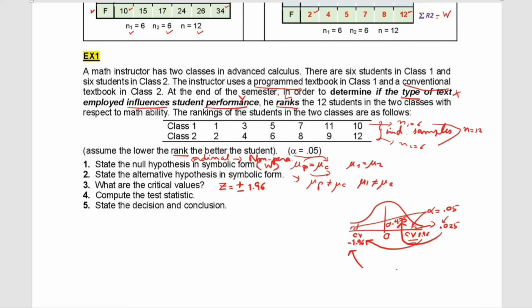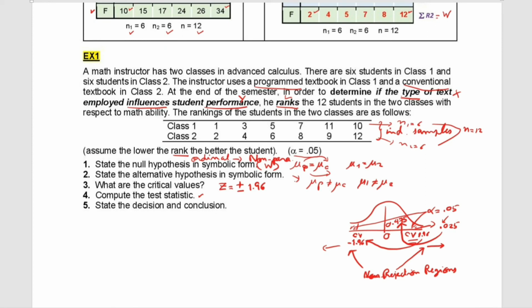So farther than these points from 0, that means all z scores more than 1.96 and all z scores less than negative 1.96. These z scores are called rejection region. The middle areas are non-rejection regions.